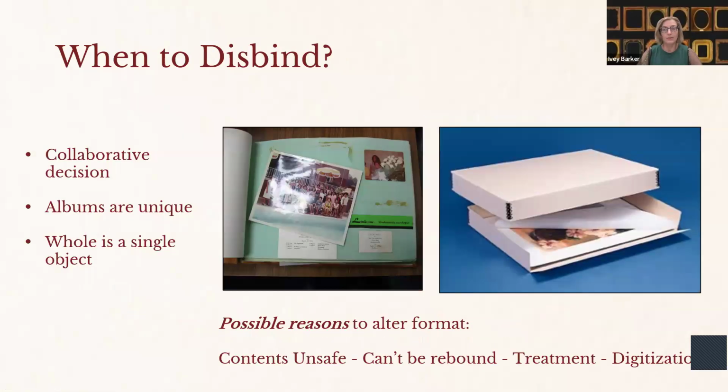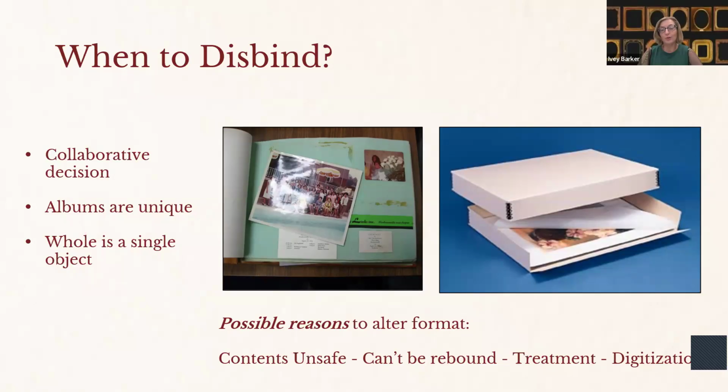Now back to albums. This is always a tricky question. When to disbind an album. It's a collaborative decision. Albums are unique because the whole thing is an object and tells a specific story. So we try to keep albums in their original structure as much as possible.